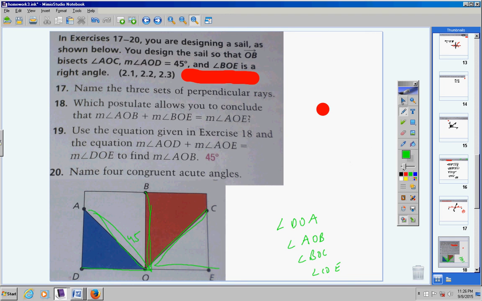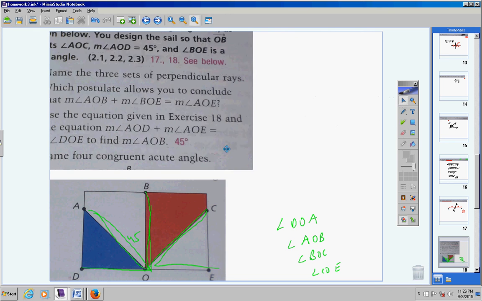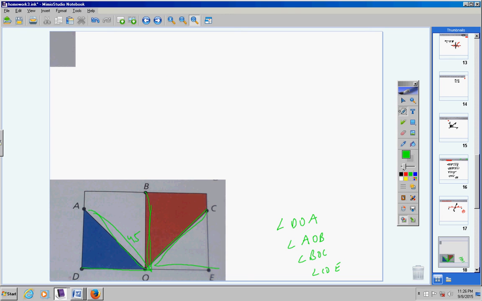I really should write it like this, to be honest with you. Angle DOA is congruent to angle AOB, which is congruent to angle BOC, which is congruent to angle COE. That's really how you should write it.